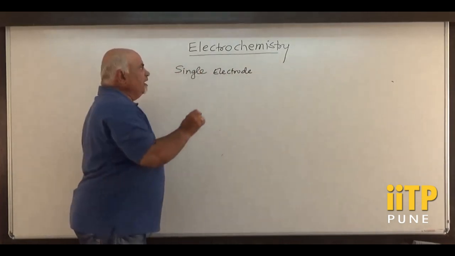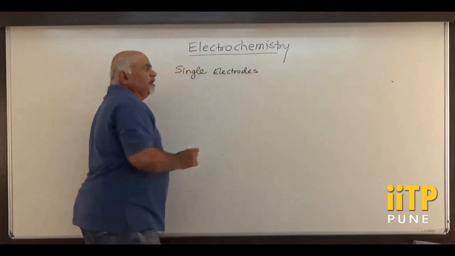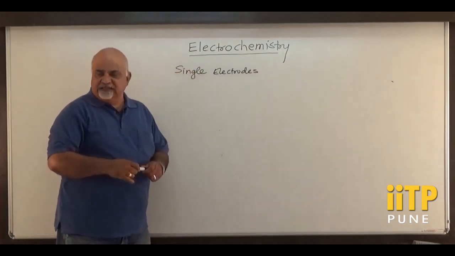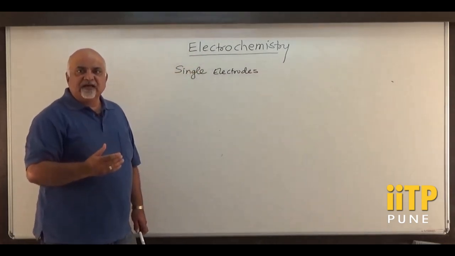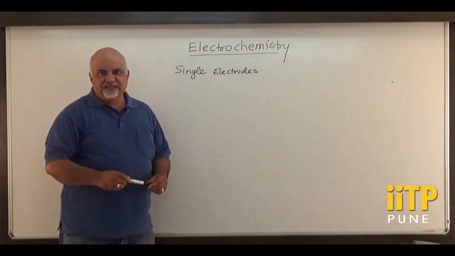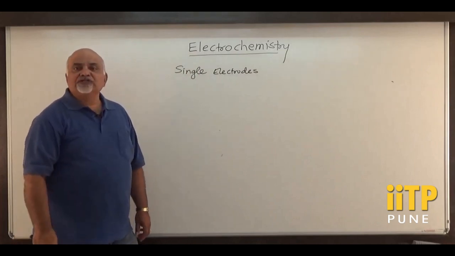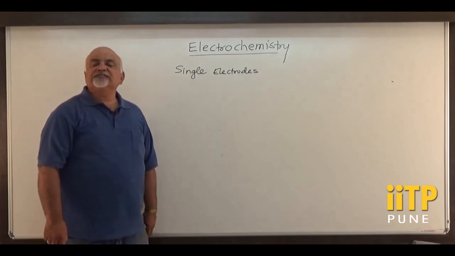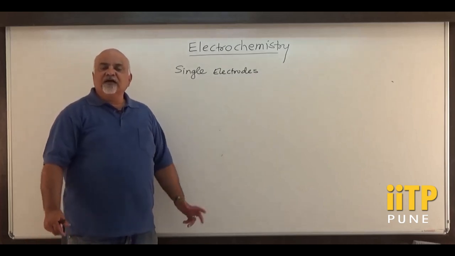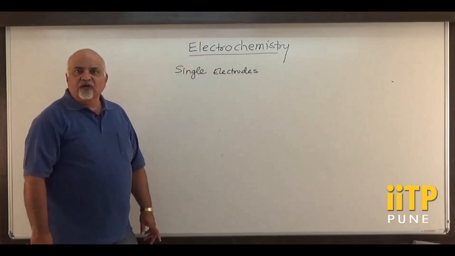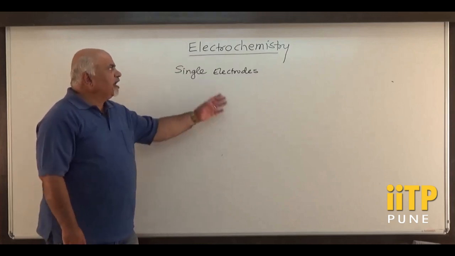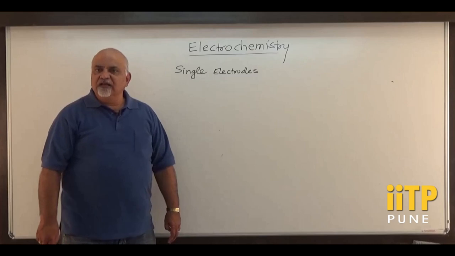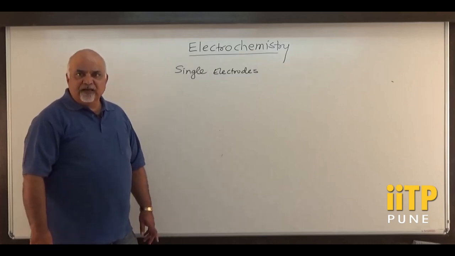Single electrodes are many. Metals are there, surrounded by metal ions. Gases are there, surrounded by gaseous ions. Sparingly soluble salt electrodes. And finally, redox concept, two different ions coming together, making an electrode called redox electrode, and they are the simple electrodes available. Any combination is possible.